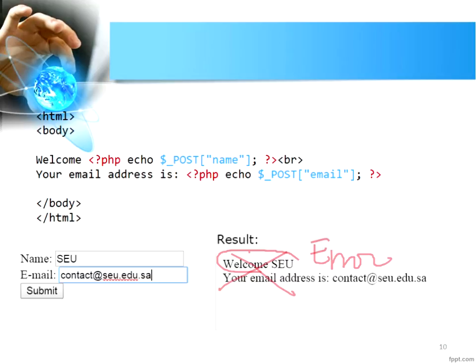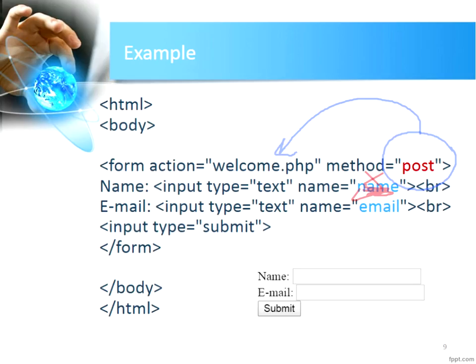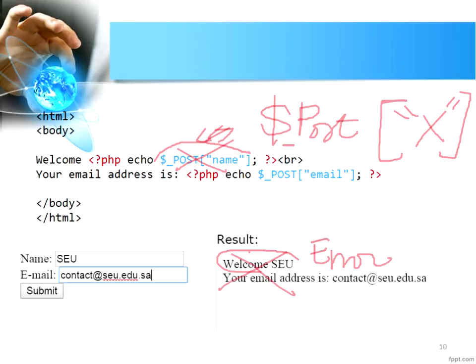Because here I write $_POST name. So I have to write $_POST and here X and not name. So if I write name equal X in my HTML document, in my PHP document I have to write $_POST X. Is it clear?